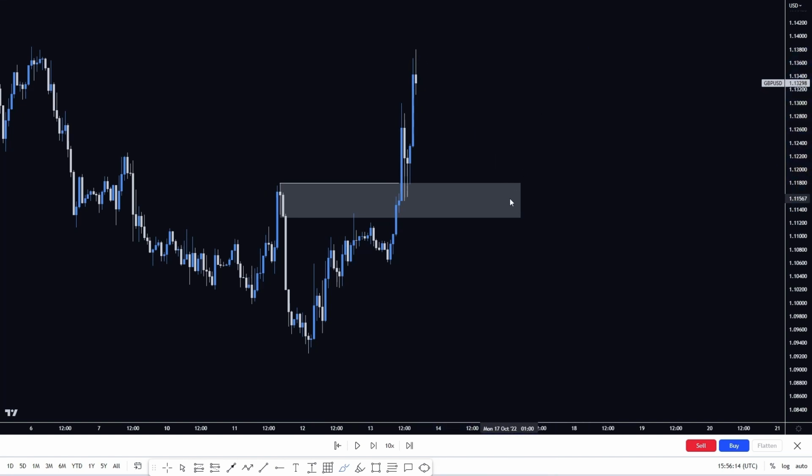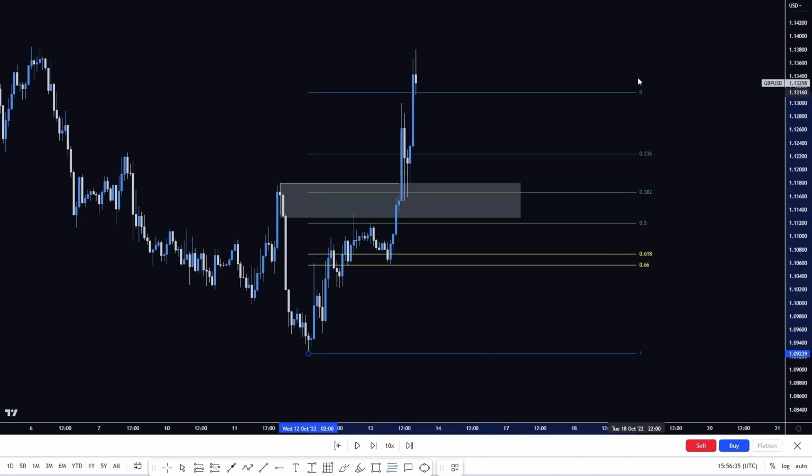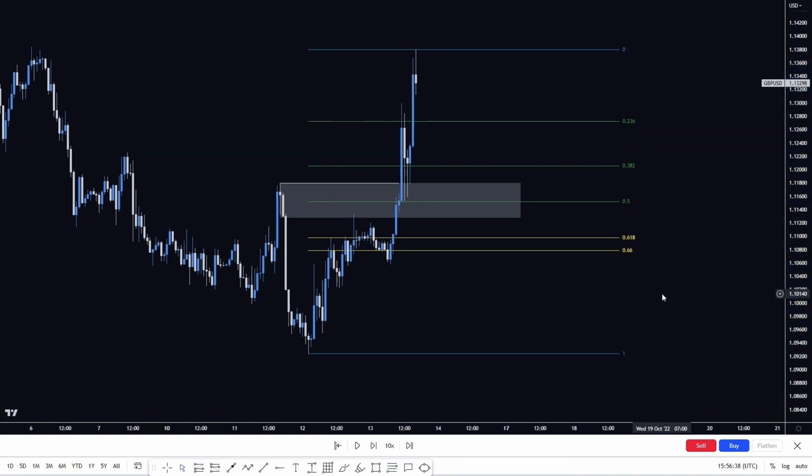So now if we were going to say to ourselves, well, we want to get involved in a trade, potentially at this area of break and retest, how else can we add confluence to this position to give us a better indication that price may be ready to continue moving to the upside? Well, if we were to take our Fibonacci tool and put it on this entire move to the upside, we get a number of different price values.